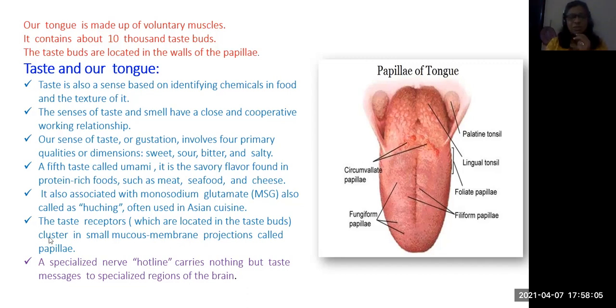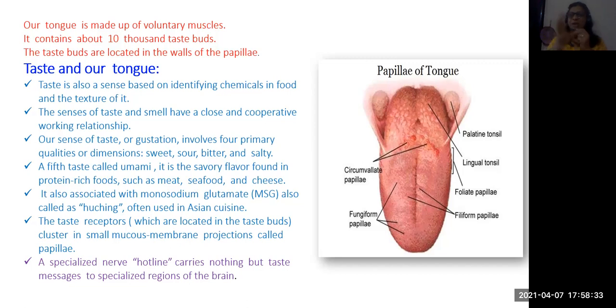Okay. It is also associated with monosodium glutamate, which is called ajinomoto. That means it will catch you immediately. When you enter cuisines, mostly we will get the smell first, not the taste. First, because of the smell, you will be attracted.